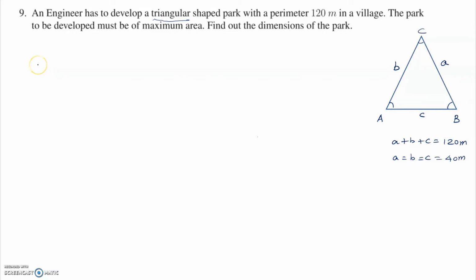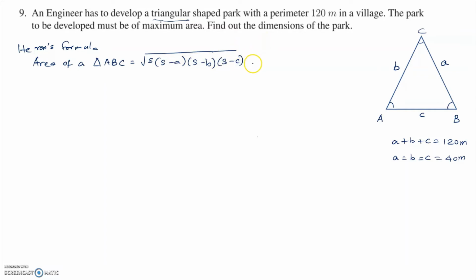So what does Heron's formula of area say? Heron's formula says the area of a triangle ABC is equal to the square root of s into s minus a into s minus b into s minus c, where s is equal to the semi-perimeter, which is a plus b plus c divided by 2.